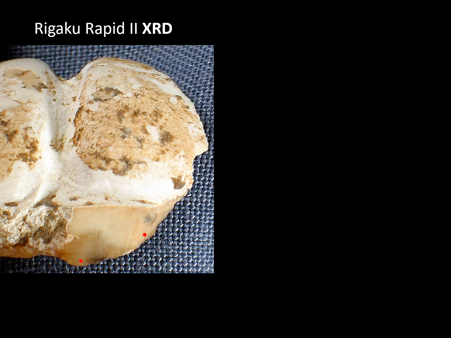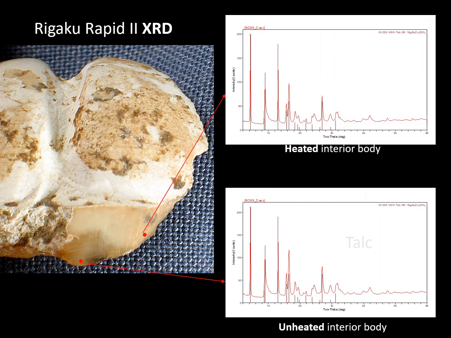Two points were taken on the interior: the discolored area here, probably discolored due to the slight heating of the surface, and the original unheated interior of the stone. In both cases, the X-ray diffraction analysis indicated that this was talc.